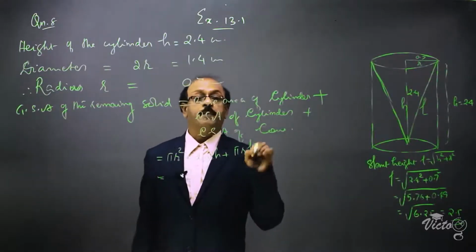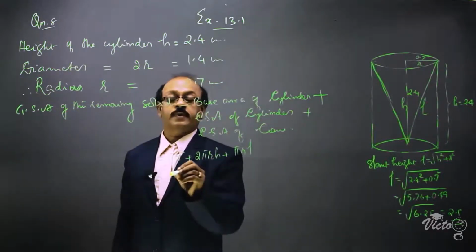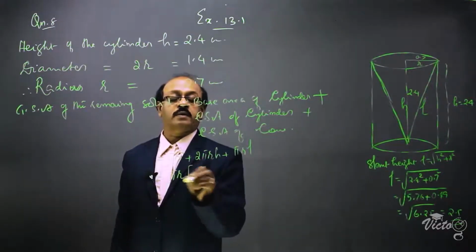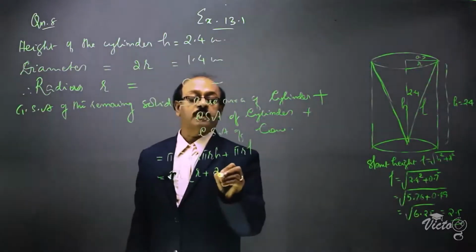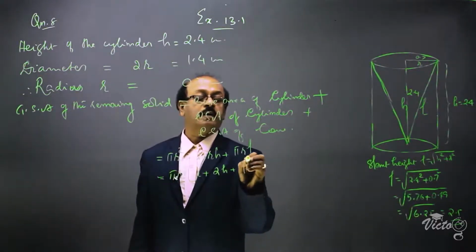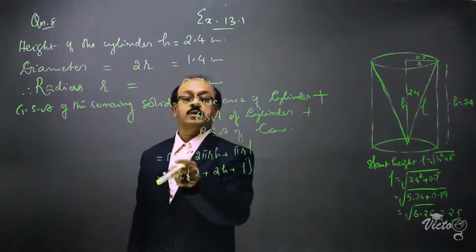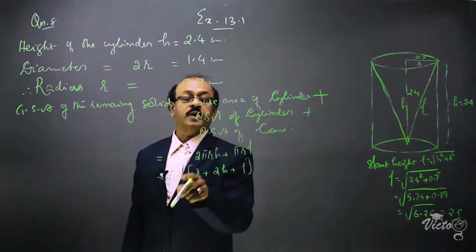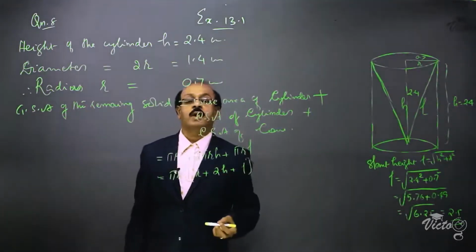So, we can take pi r as a common factor from these three terms. Taking pi r as a common factor, the remaining is r plus 2h plus L. Multiplying pi r into r is equal to pi r square, 2h into pi r is equal to 2 pi r h, then pi r into L is equal to pi r L.